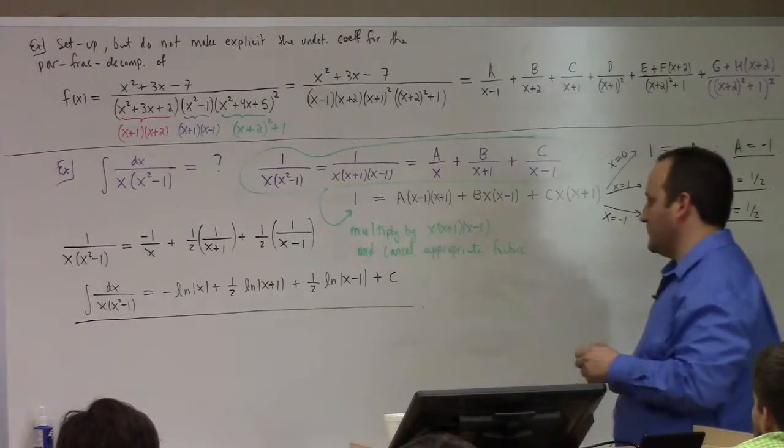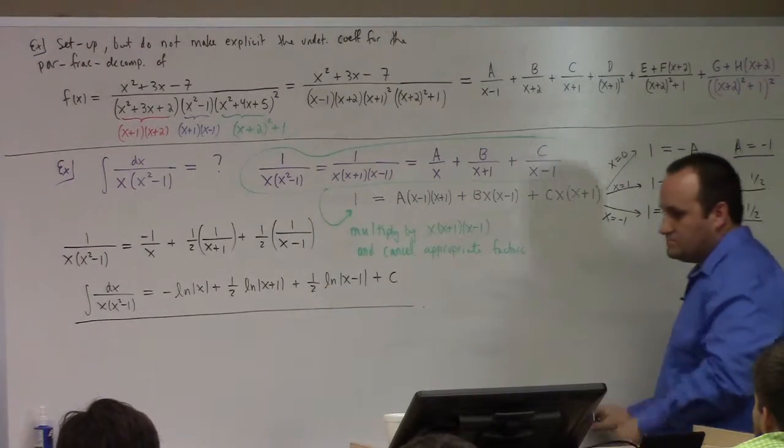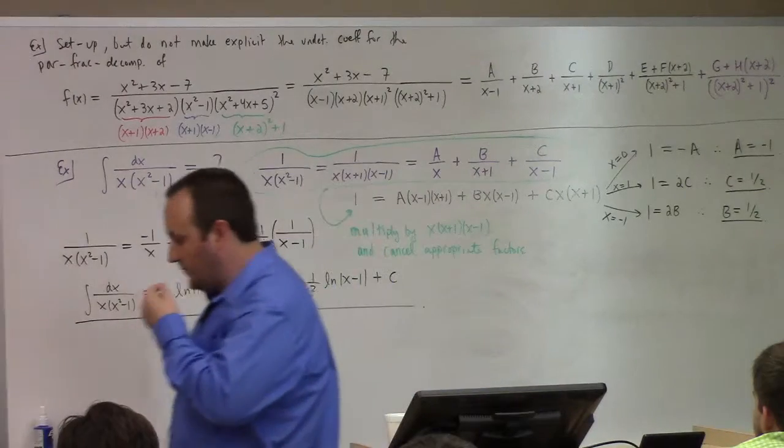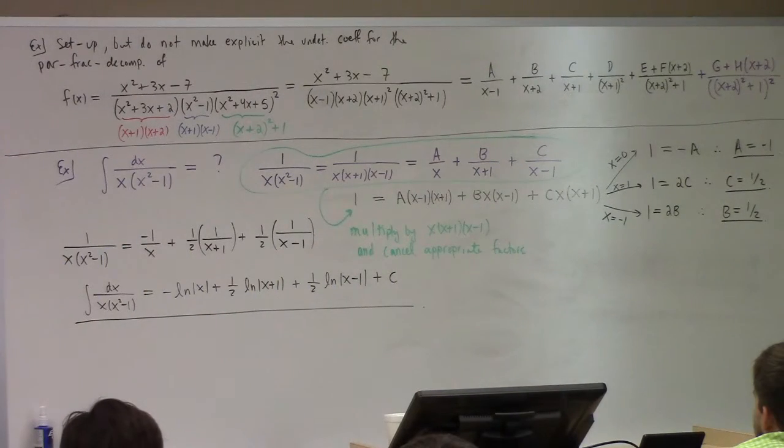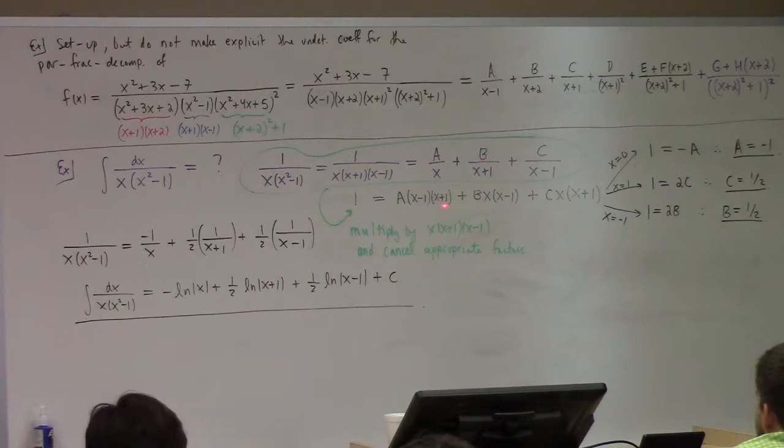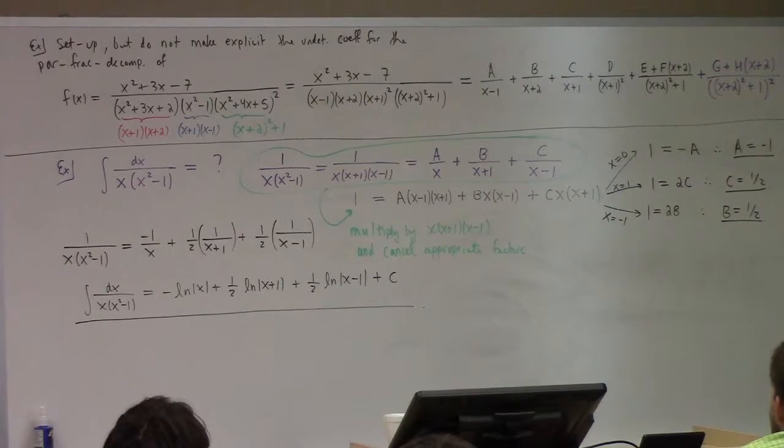What do I mean by cancel appropriate factors? With the a term, what canceled out? I have a over x, right? When I multiply a over x times x plus 1 times x minus 1, x over x cancels, and I'm just left with x minus 1 times x plus 1. Do you guys see that? If you don't see it, just write it out, and then you'll see it. It's not a big deal.